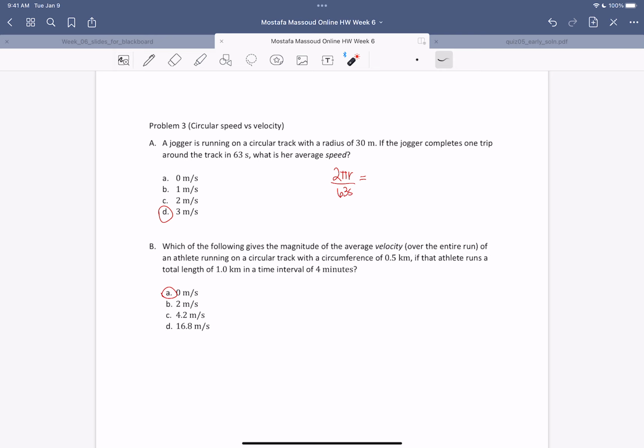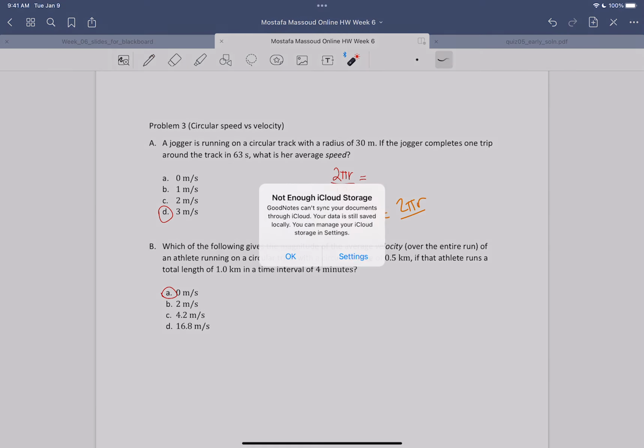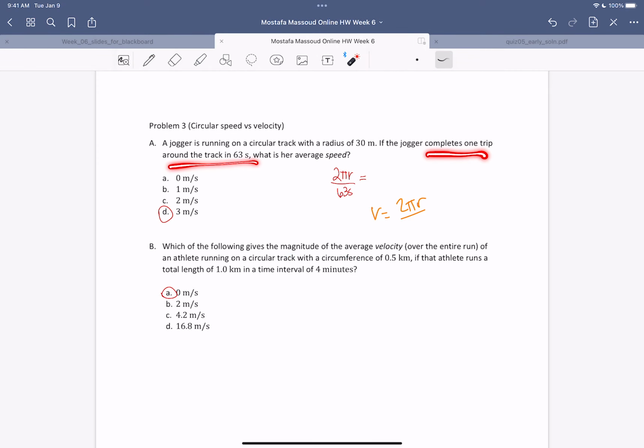It's weird, but for problem 3, a jogger is running on a circular track with a radius of 30 meters. If the jogger completes 1 trip around the track in 63 seconds, what is her average speed? So if we're looking for speed, right, 2 pi r, and since we have this information that says completes 1 trip around the track in 63 seconds, we know that that's the period, right?